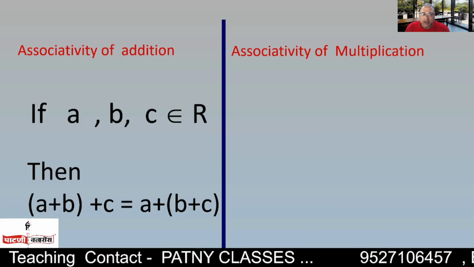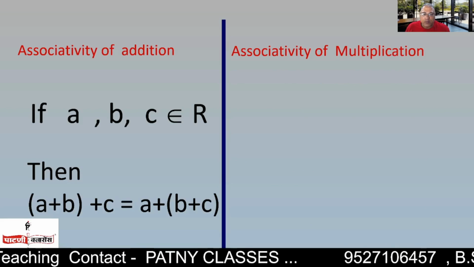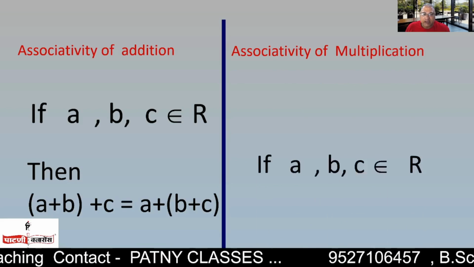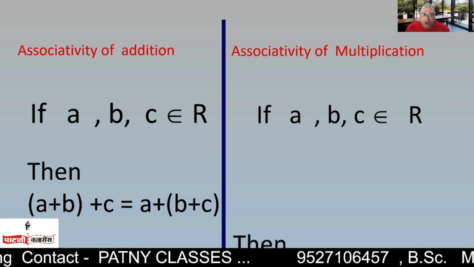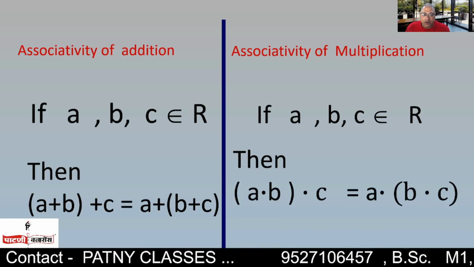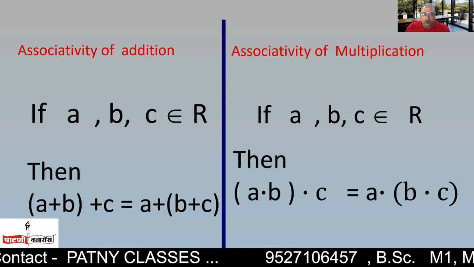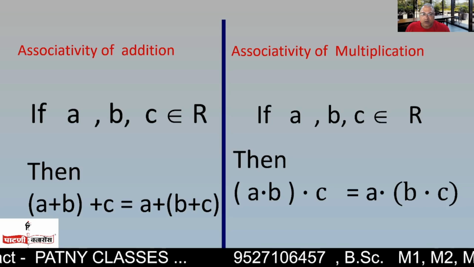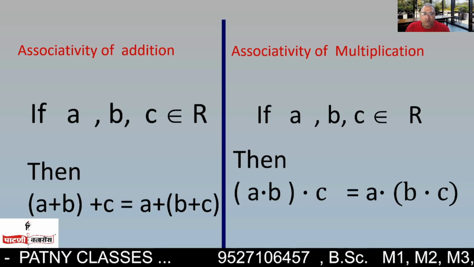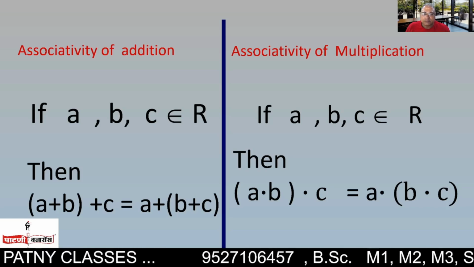Similarly, associativity of multiplication can technically be stated as: if a, b, c belongs to R, then (a dot b) dot c equals a dot (b dot c). This is the technical definition of associativity of multiplication.